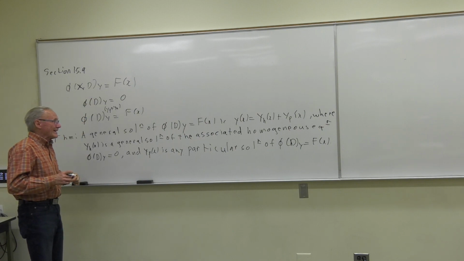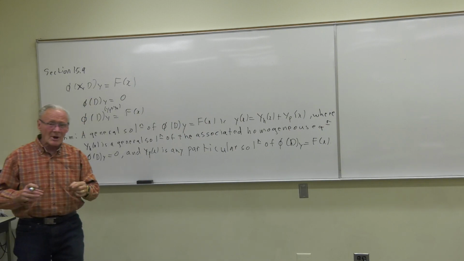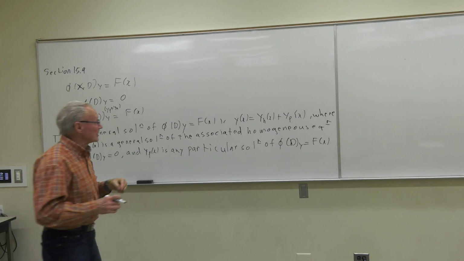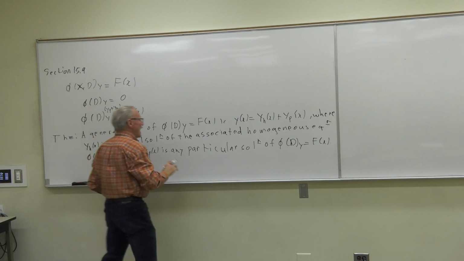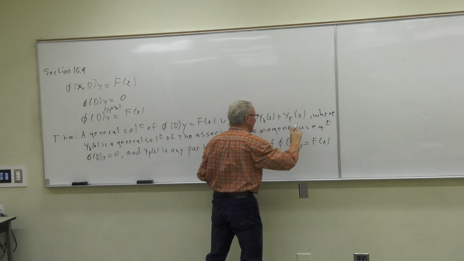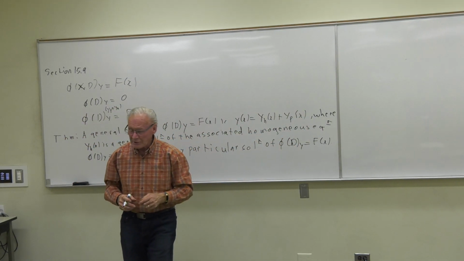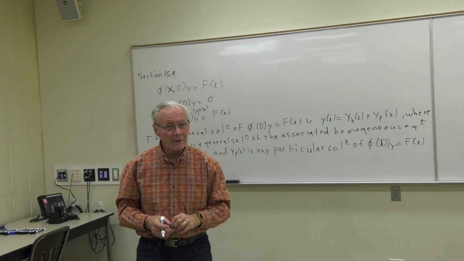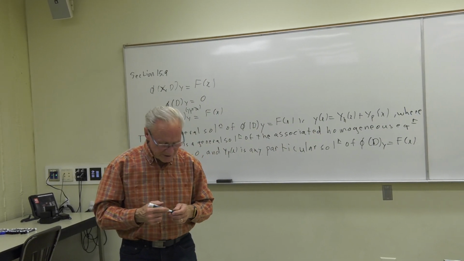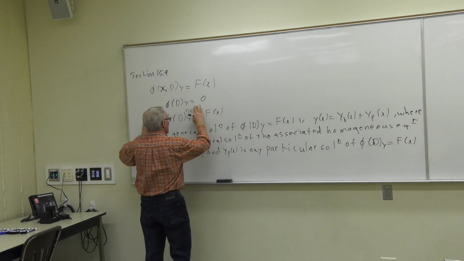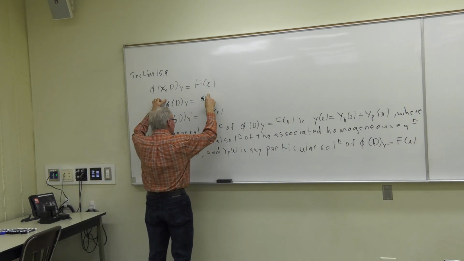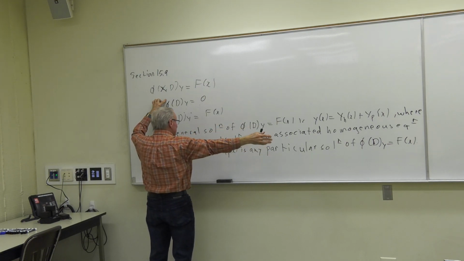The last part is not that hard to prove, but I'm not going to do it like you read in the book, is to prove that every solution of this equation can be written this way. And that is not too hard to prove. All right? So it breaks down to, if you want to solve this differential equation, solve this one, get its general solution, like in the last section.